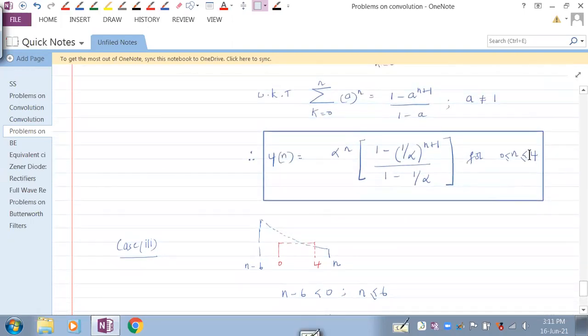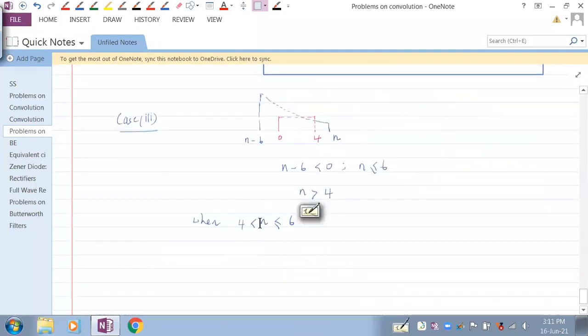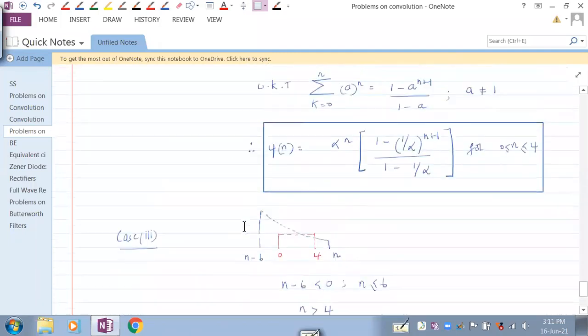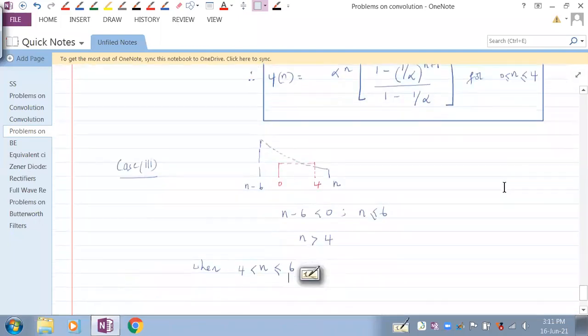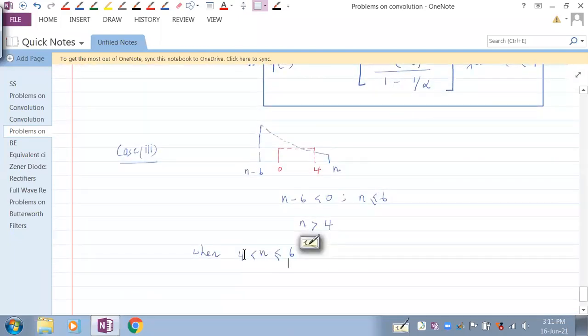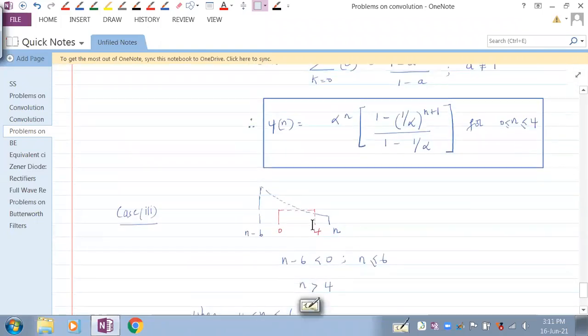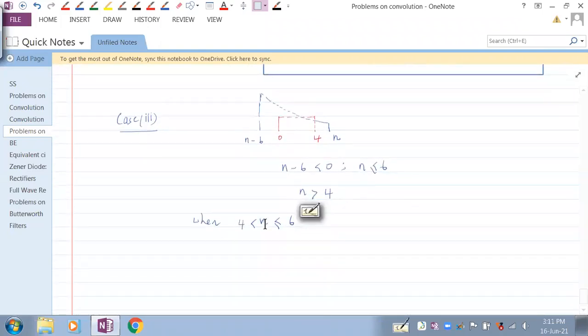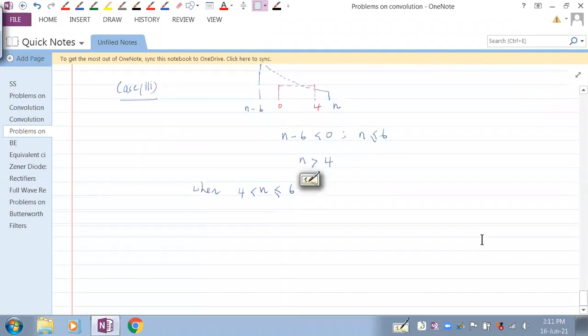Because equal to 4 is already considered in the previous case. So we need to consider greater than 4. If it is not considered there, you need to say when n is greater than or equal to 4. So if you don't consider that value here, you have to consider that value in this case. Understand?